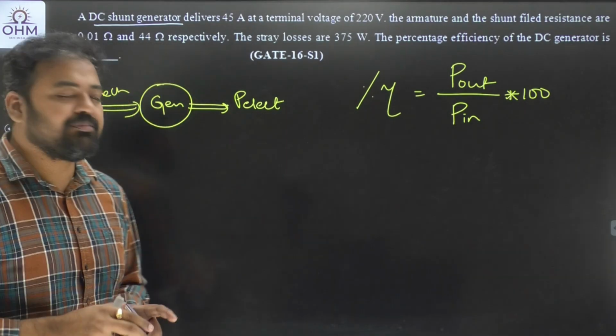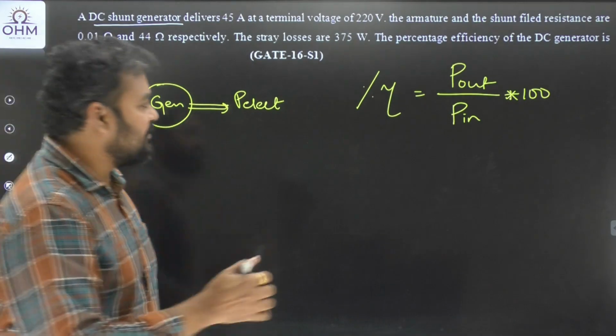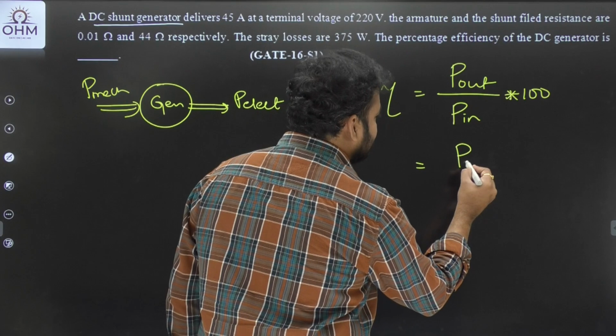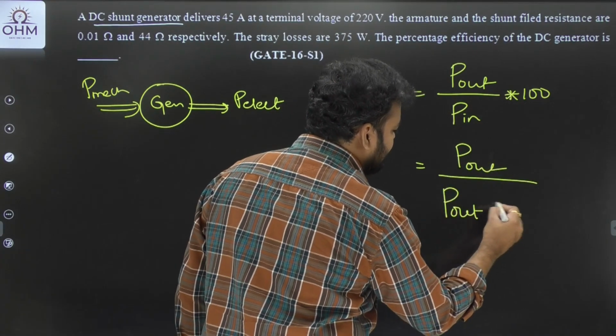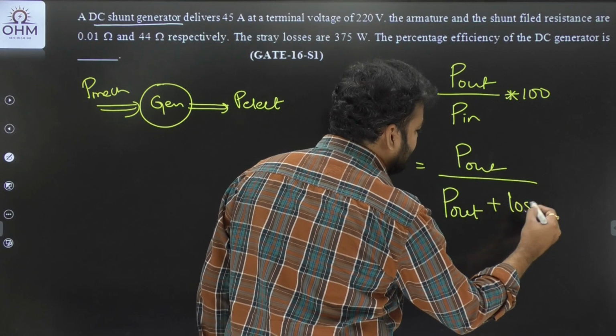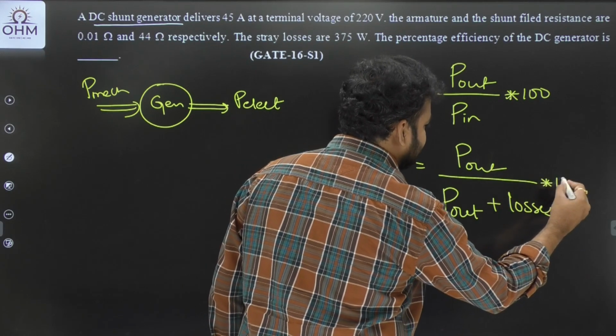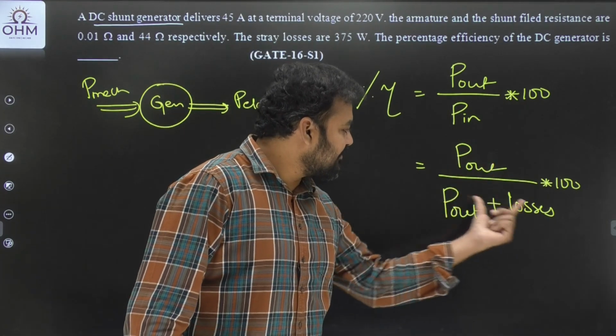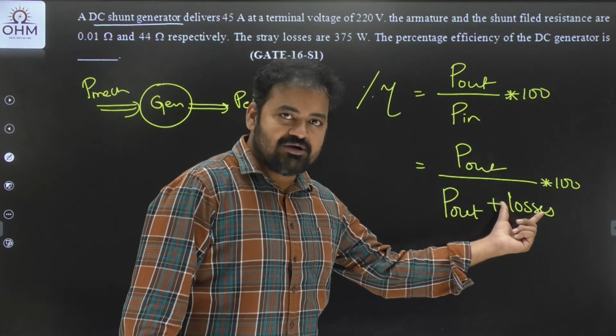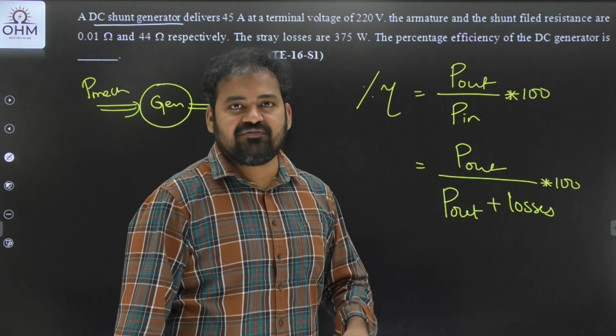Here, output power is electrical power. That's why write input power in terms of output power. How can we write? Input power is always equal to output power plus losses. Okay, so our first duty is to calculate output power and then calculate all the losses in the machine. Therefore, we can find out efficiency.